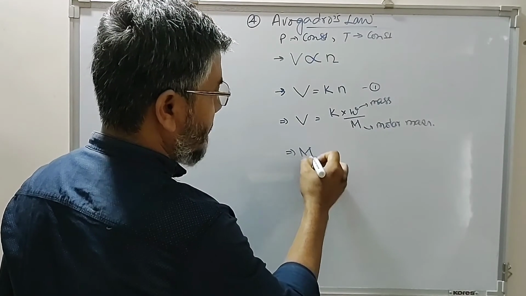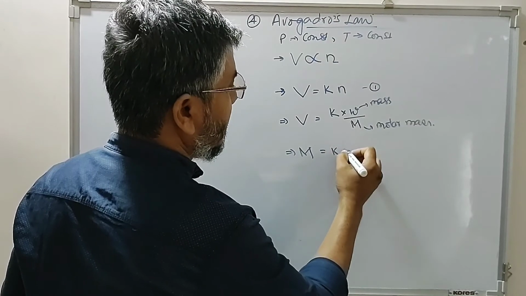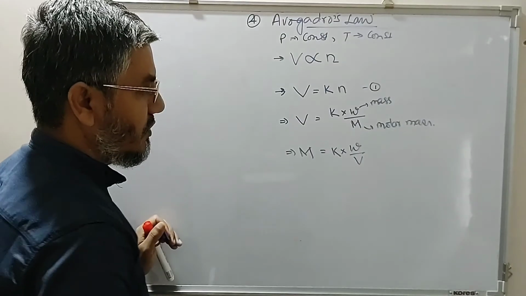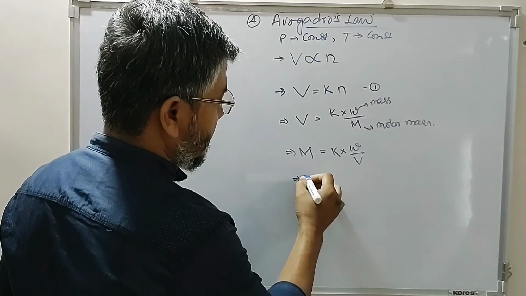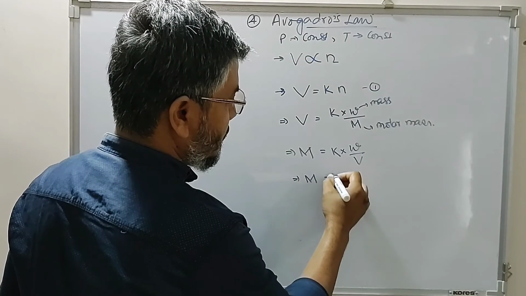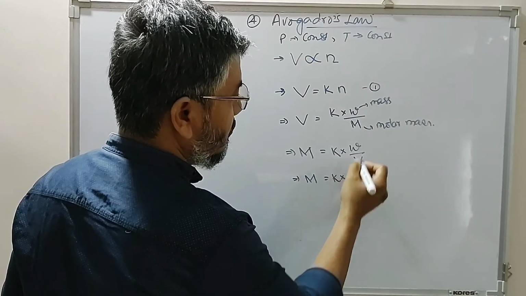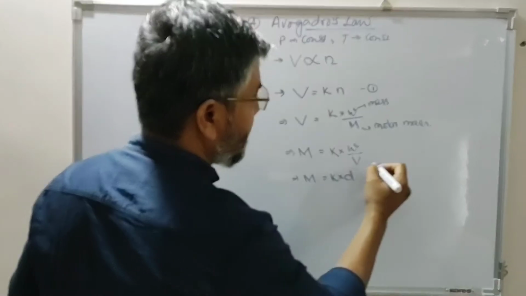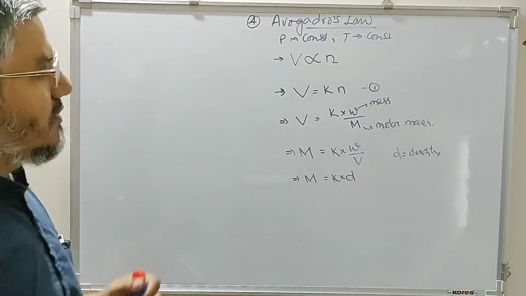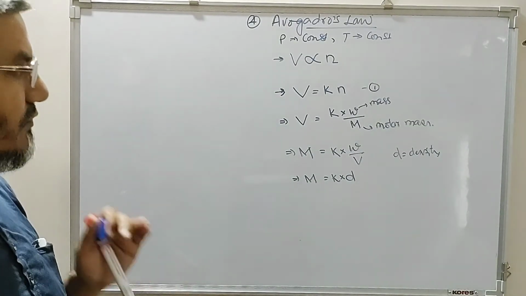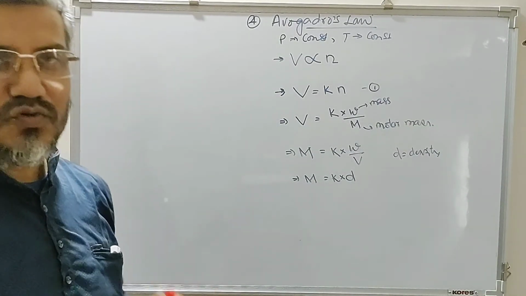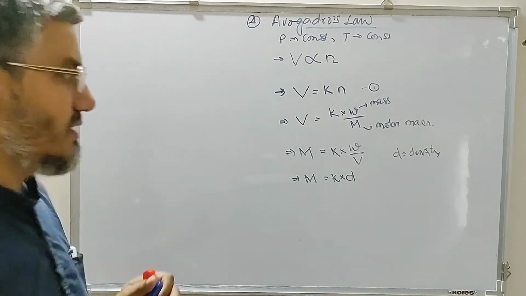So molar mass is equal to K into mass divided by volume. Or we can say molar mass is equal to K into mass by volume, which is density. This D is density. So this equation says molar mass of a gas is directly proportional to the density of the gas.